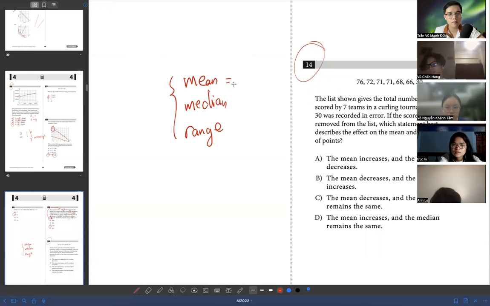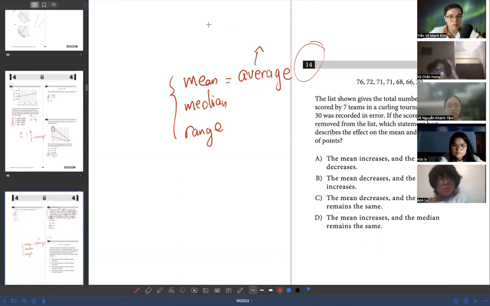Yes. Mean is the average number. Yes, exactly. How can you calculate the average? Like the sum of the given list divided by the total of the number. Yes, sum divided by n. So you get the average.